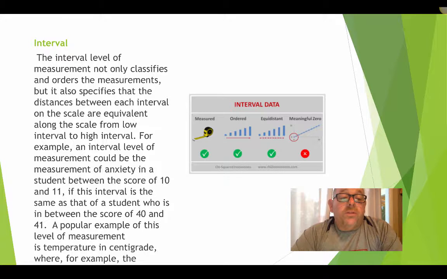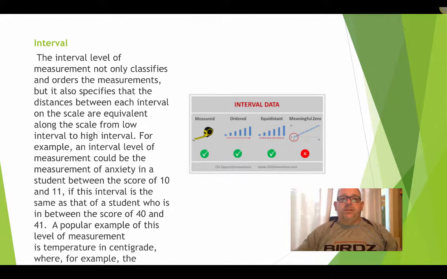Interval level of measurement not only classifies but orders the measurements, but it also specifies that distances between each interval on the scale are equivalent along the scale from low to high. An example would be the measurement of anxiety in a student: the interval between the score of 10 and 11 is the same as between 40 and 41.